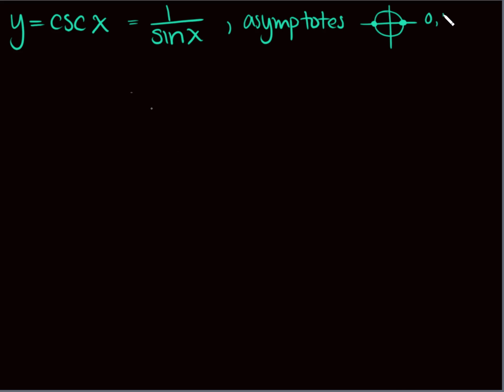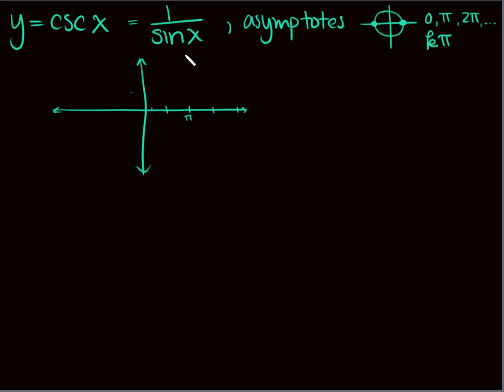I'm going to have them at 0, pi, 2 pi, 3 pi, and so on. So we're going to have asymptotes at any integer multiple of pi. So when you graph cosecant, here's my pi over 2, pi, 3 pi over 2, 2 pi.